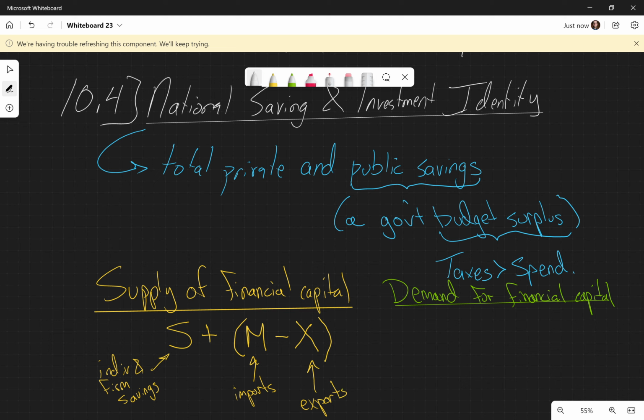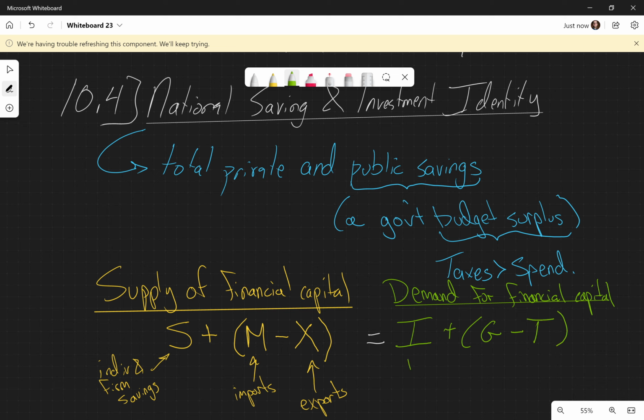And on the other side of this equation is our private sector investment plus all of the government spending minus all of those taxes that we collect.